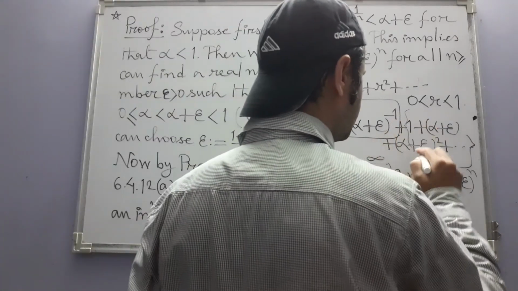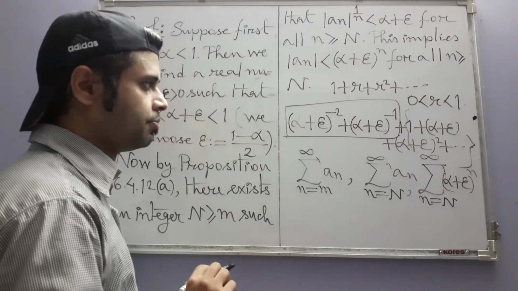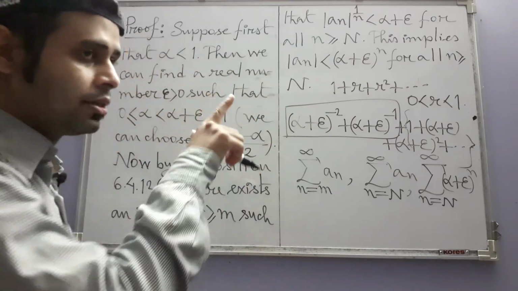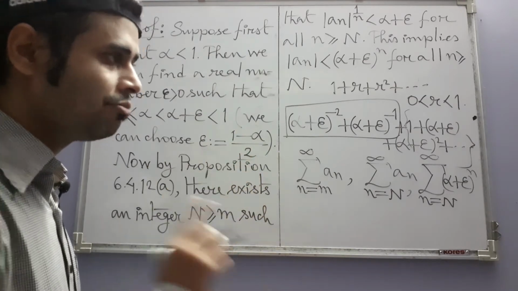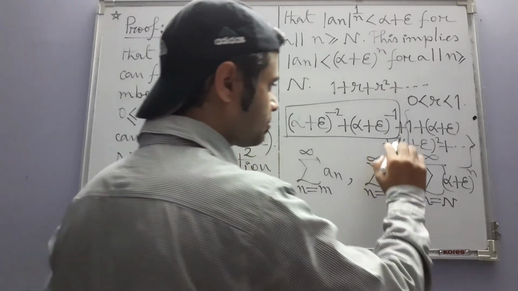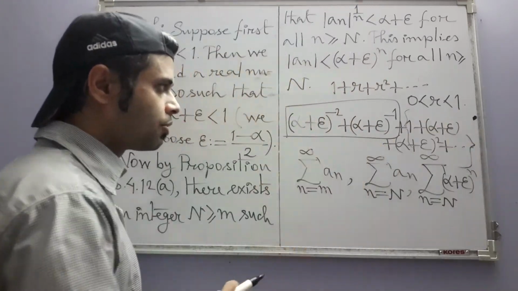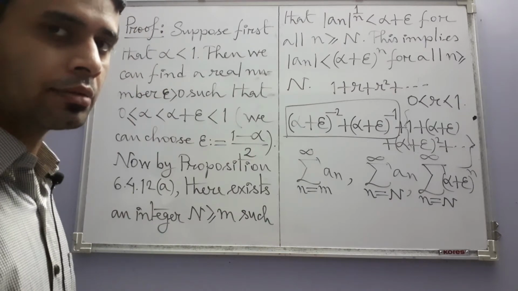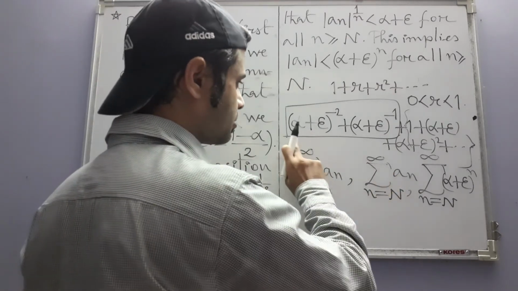So that means this part of the infinite series is convergent, but by the elementary properties of infinite series, we know that if this part is a convergent series, then adding two more terms or finitely many more terms does not make a difference. It does not change convergence.